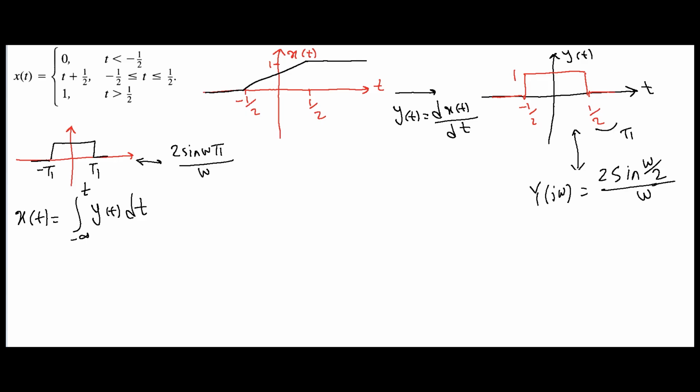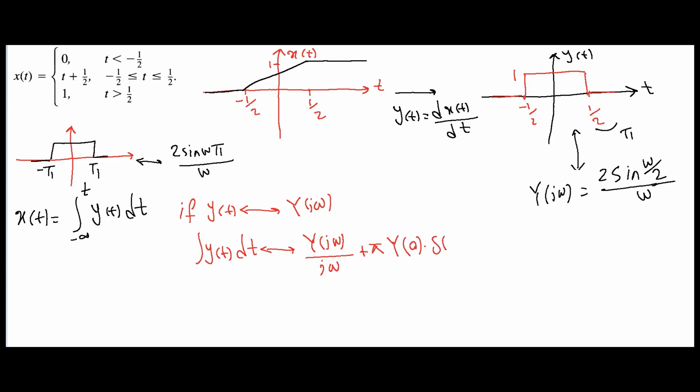Now remember, since y(t) is the derivative of x(t), then x(t) is the integral of y(t). So we use the Fourier transform integration property. The integration property says if y(t) transforms to Y(jω), then the integral of y(t) transforms to Y(jω) divided by jω plus π Y(0) multiplied by δ(ω).